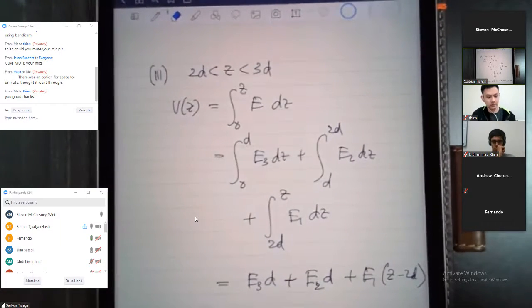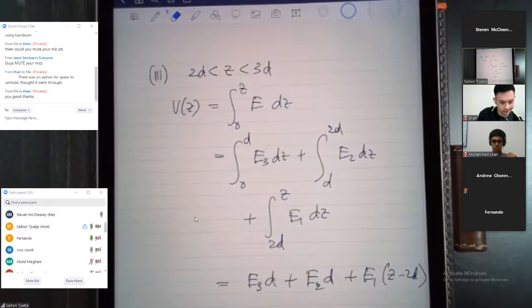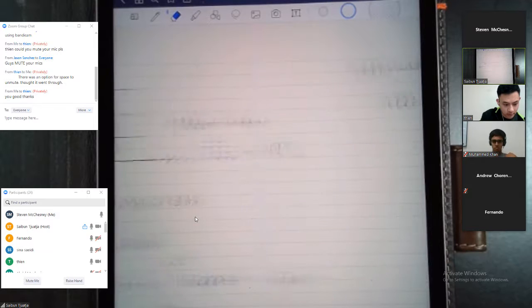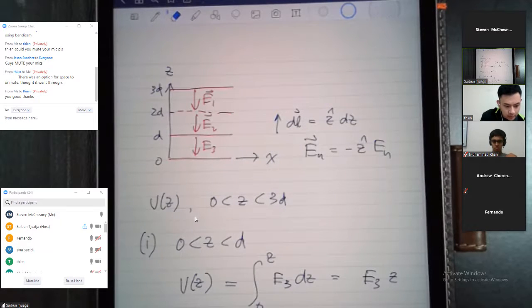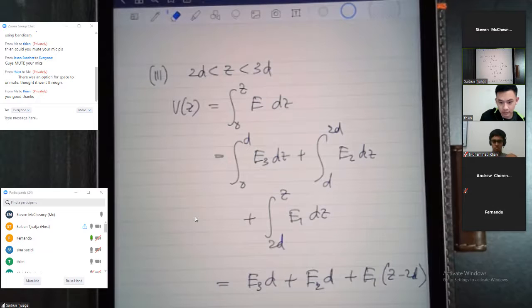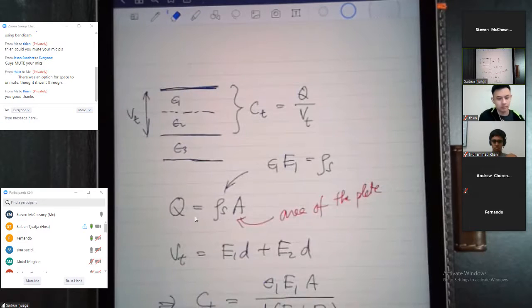Could you plug in the values for this third voltage you found? The third integral for E3, the distance, E2 and E1.